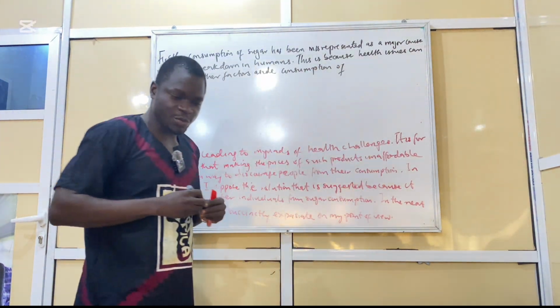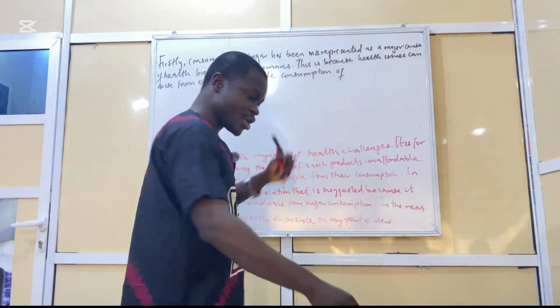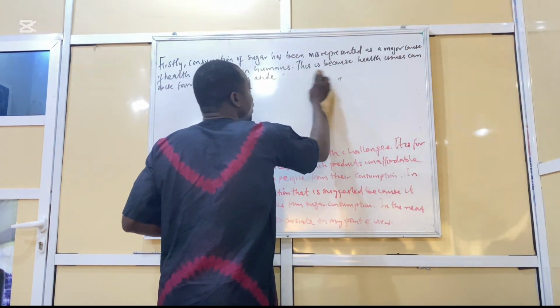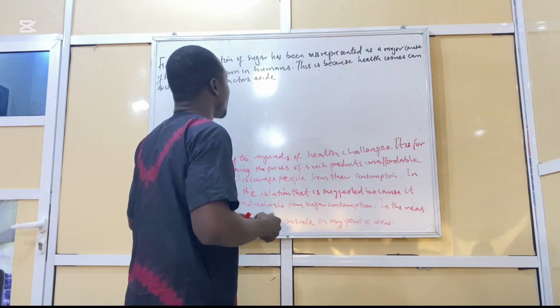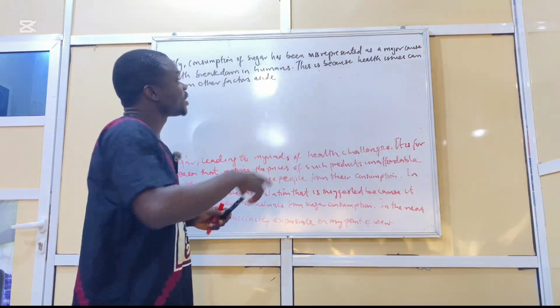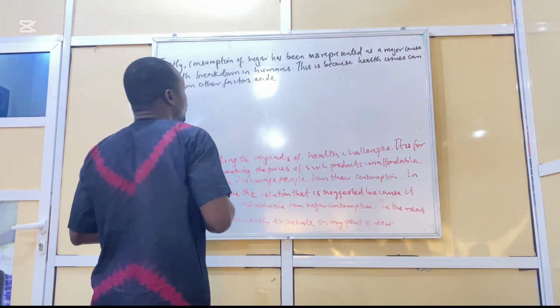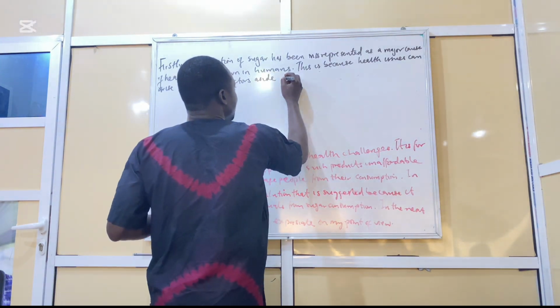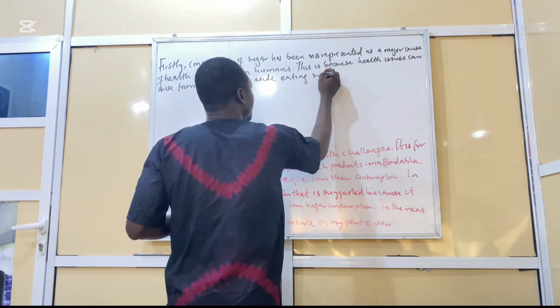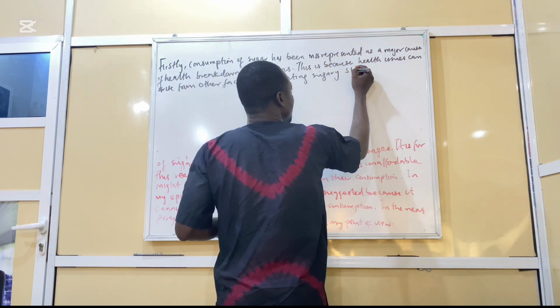Now, I've used consumption before in the previous sentence, so I will not use consumption again. Aside what? This is because health issues can arise from other factors aside eating sugary stuffs.